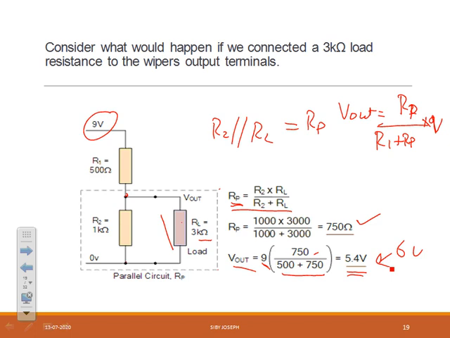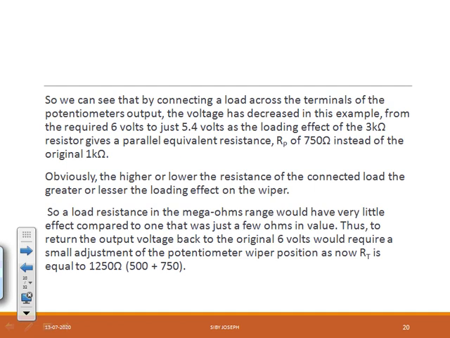If we connect a load across the terminals of a potentiometer output, the voltage decreases from the required 6 volt because of loading.